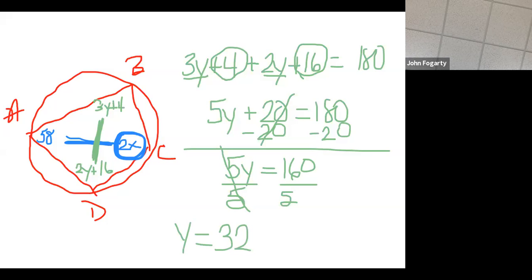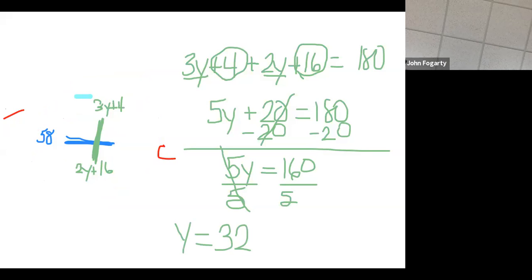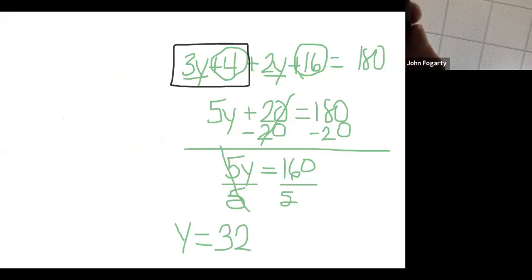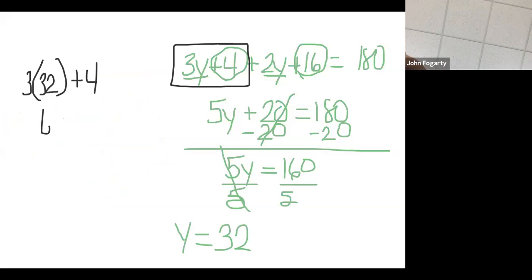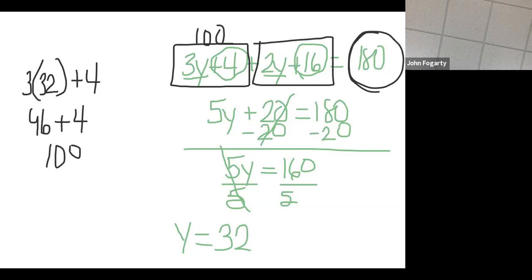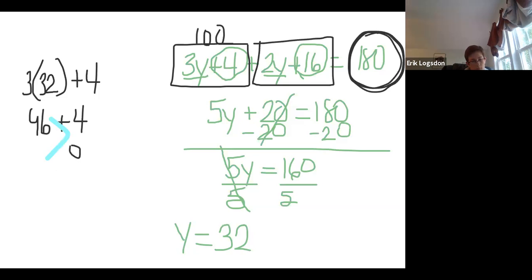Now, that will be good if that works out, right? So let's see if that works out. Let's put it in there. Well, I know angle B is 3y plus 4. So 3 times 32 plus 4. All right? So 3 times 32 is what? 96 plus 4. Well, that's 100. So I know angle B is 100. So what does angle D have to be, fellas? 80. Let's see if it works out.